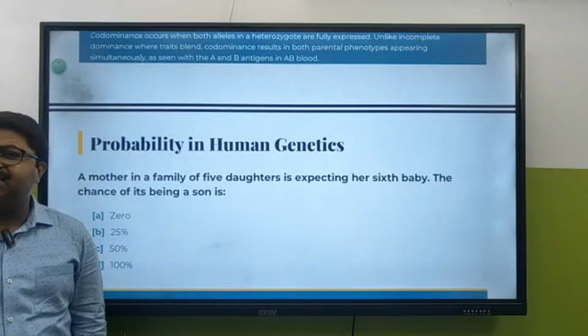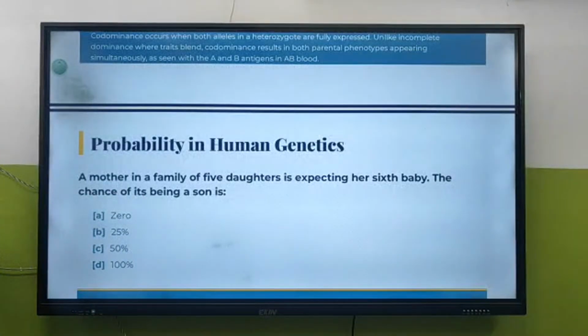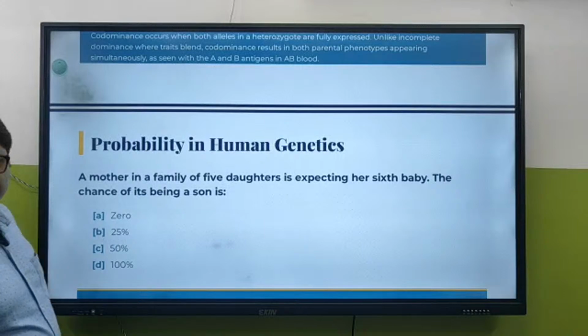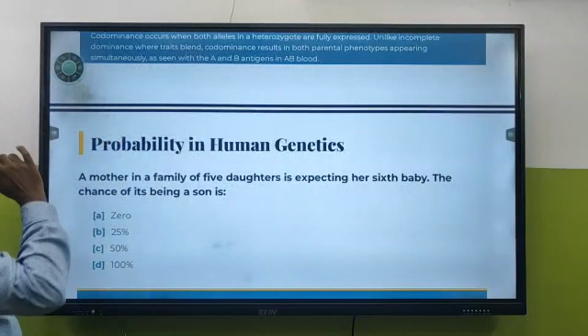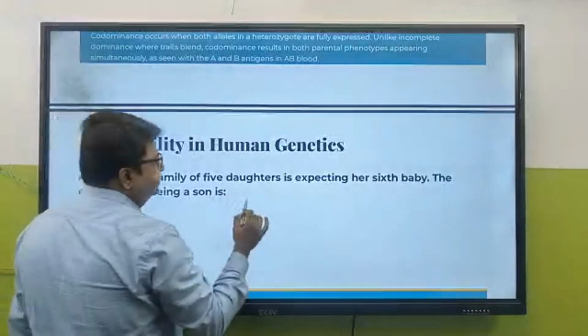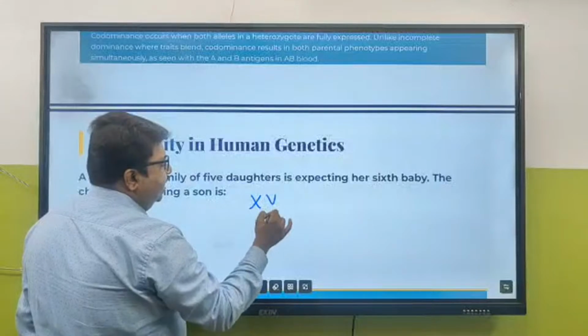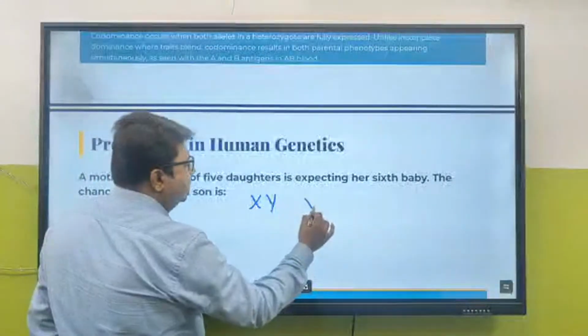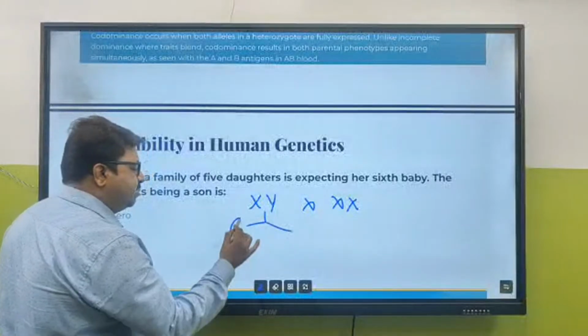What is the science? Yes, 50-50 is the science. Why? Think about sex determination. What is the father? XY. What is the mother? XX. So the father can give rise to 2 types of sperm.